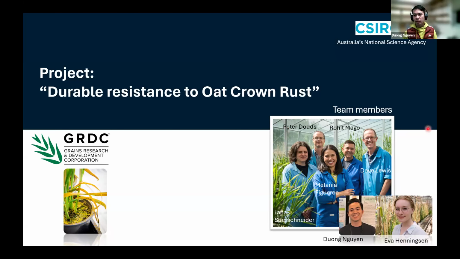We have PhD student Eva Henningsen working on the pathogen, trying to study the evolution of the PCA population in Australia. And I am working on the host aspect, trying to develop molecular tools to improve resistance in oats, and trying to identify sources of resistance.